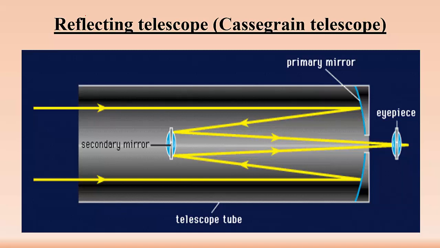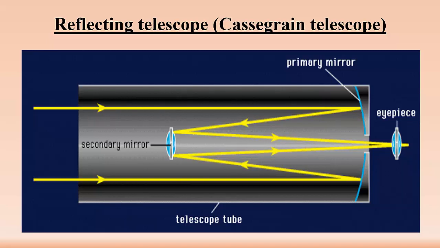Now we can study about the reflecting telescope. So this is the last part of optical instruments. In a reflecting telescope, reflection of light takes place, so we can use spherical mirrors.